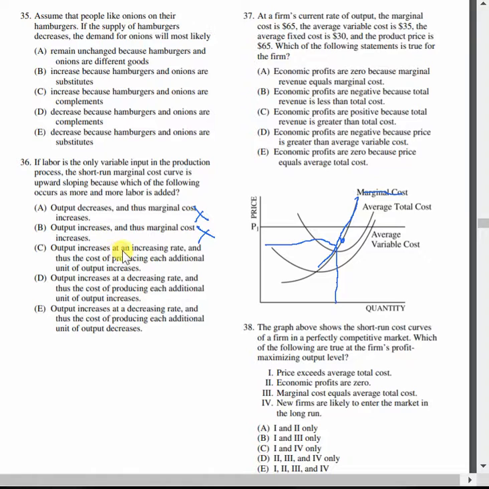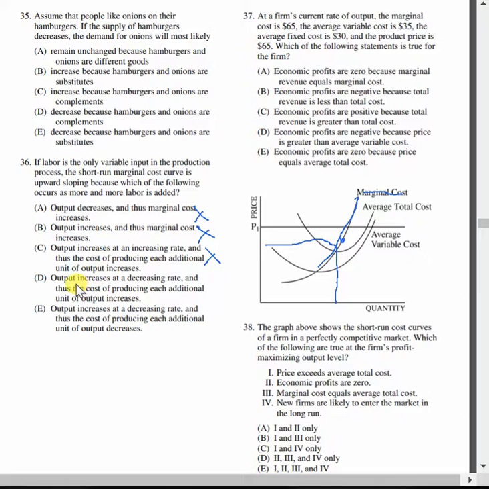Output increases at an increasing rate and thus the cost of producing each additional unit increases. Well, that's actually the opposite of what you'd expect. If output increases at an increasing rate, then the cost of producing each additional unit would be decreasing. So that also is not true.